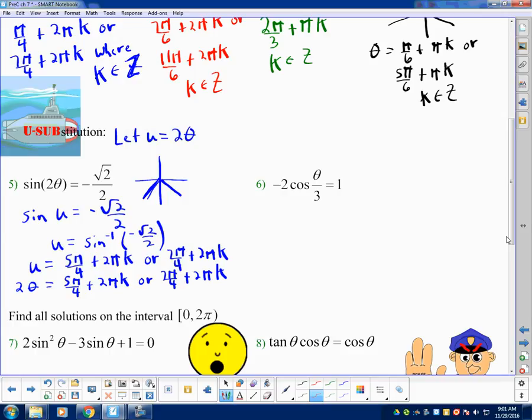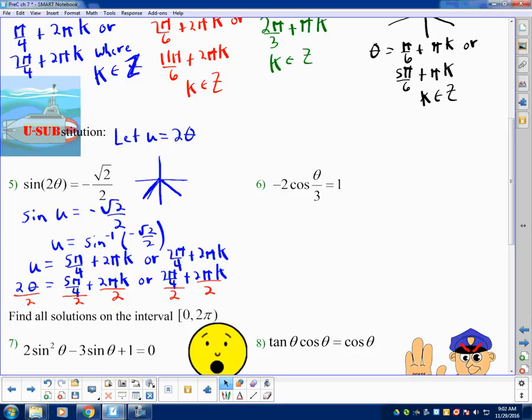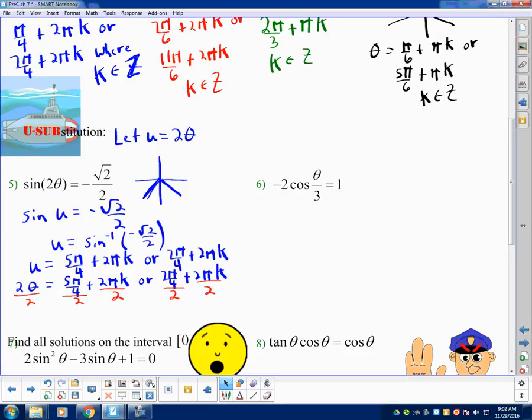Divide by 2. Now if I divide by 2 on this side, I divide by 2 here, and here, and here, and here. And so theta equals, what are my new solutions?